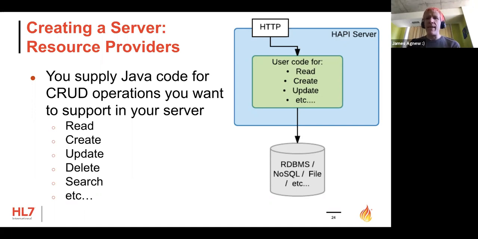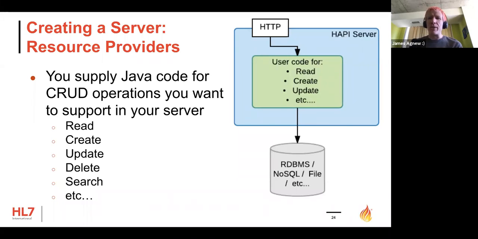It scans those annotations. It'll fire up an HTTP server. It will parse URLs and resource bodies that come in and serialize the response, all that good stuff. The idea here is that you are writing the storage logic, regardless of what your storage logic looks like. You might be just serving up data from memory.